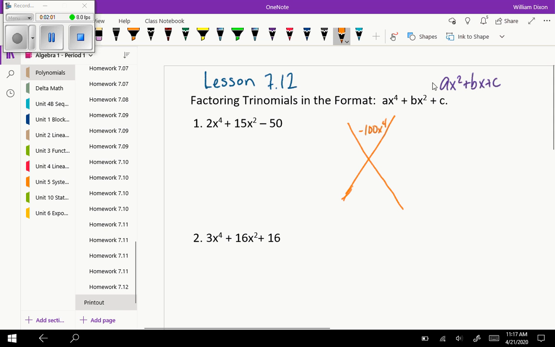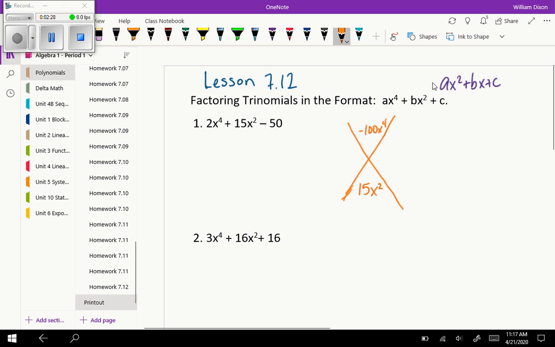Okay, I'm going to put my second term or my middle term down on the bottom. That's going to be 15x squared. So what I have to do is look for numbers or factors that multiply to negative 100x to the fourth and add up to 15x squared. Now, in the past, I've told you that you can use your calculator.